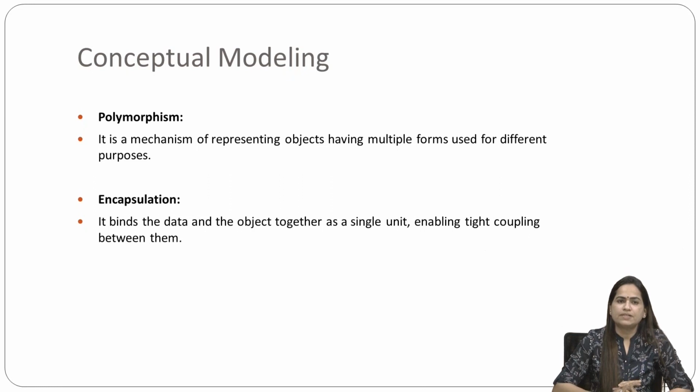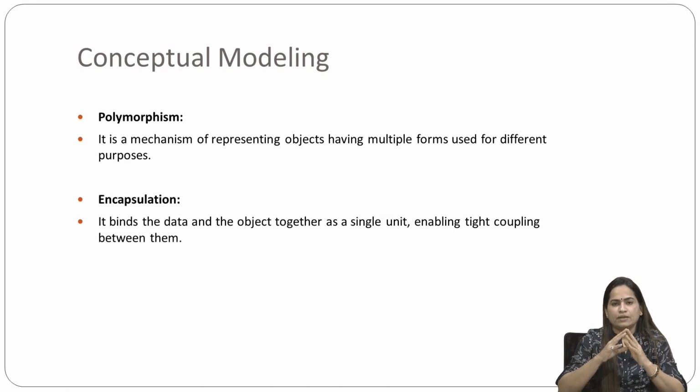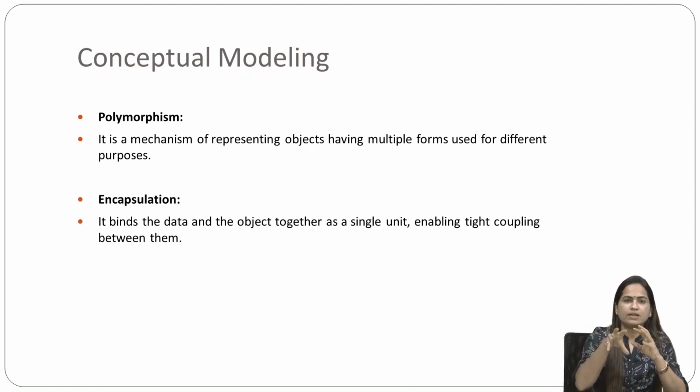Polymorphism is a mechanism of representing objects having multiple forms used for different purposes. It is a mechanism with different purposes but a similar name, and that is called polymorphism.